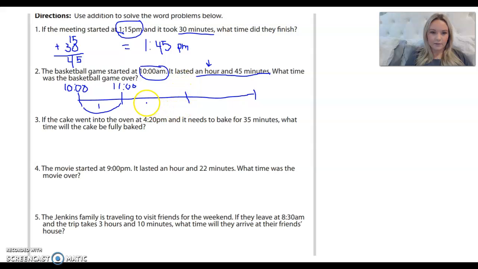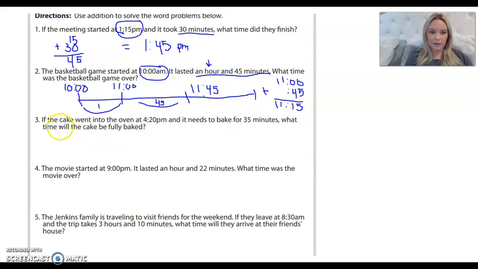So let's say my minute jump is here and it's 45 minutes. 11 a.m. plus 45 minutes is 11:45, right? So my end time here is 11:45. I jumped 1 hour, so 1 hour from 10 was 11, and then 45 minutes from 11 is 11:45.